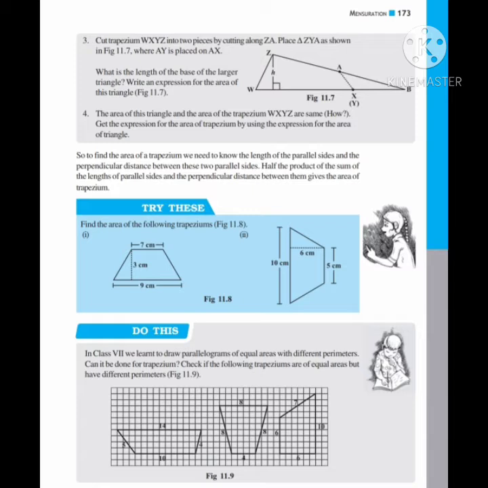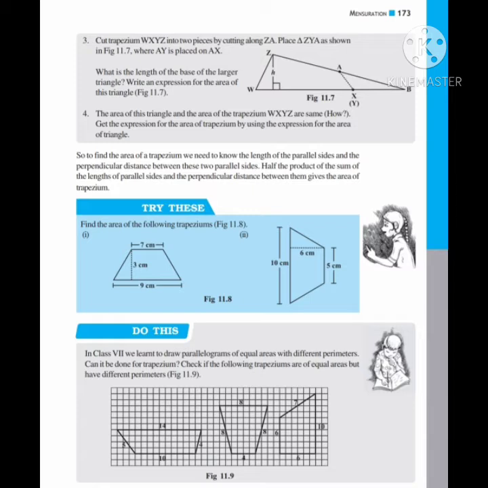Now you know how to find the area of the triangle WZB. It is half into height into base, which is WB. So this XB is nothing but whatever we had cut, YZ.